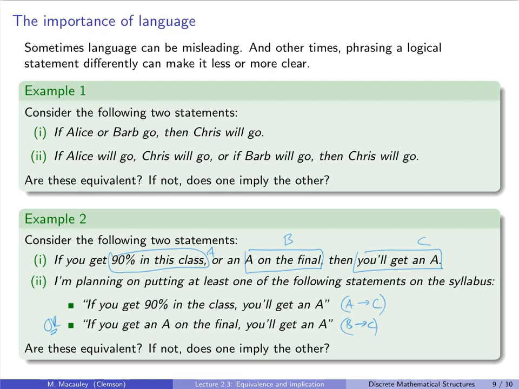So I'm not going to rewrite the whole truth table, but I will rewrite the truth table in the 2 entries where these things differed in example 1, if you remember, and then we'll try to understand what was going on.